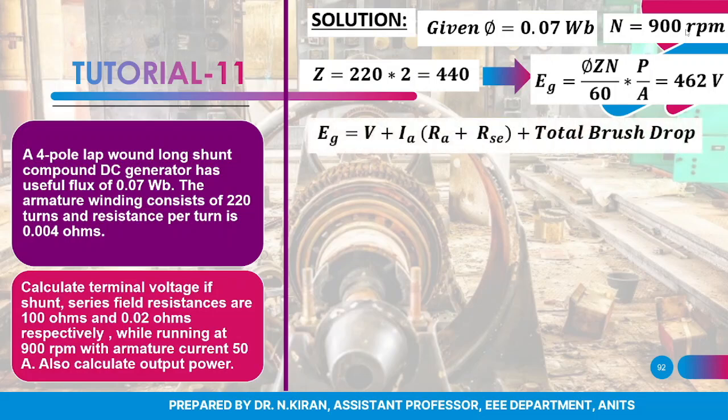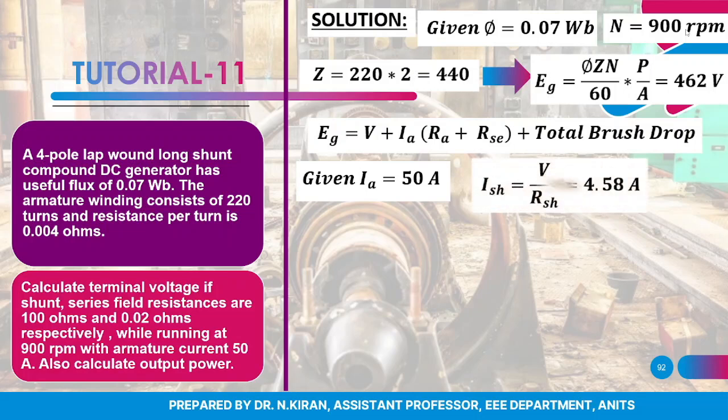We also know Eg is V plus Ia into Ra plus Rsc plus total brush drop. Here we need to find my terminal voltage V, which is unknown. Eg we know, Ia is already given, armature current as 50 amps.